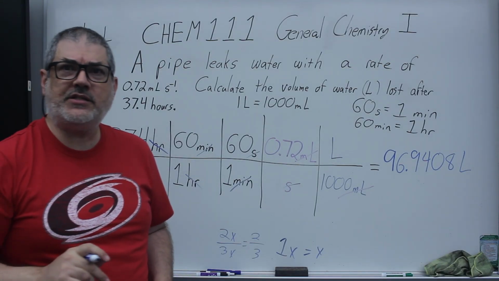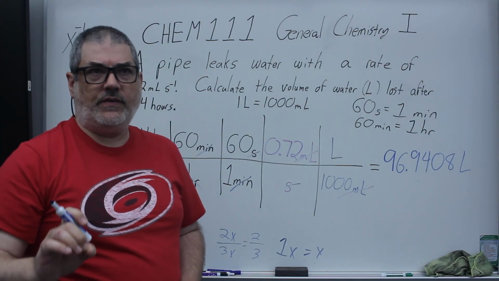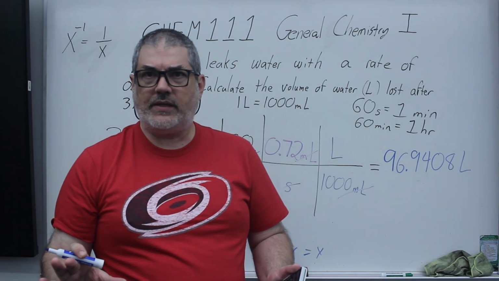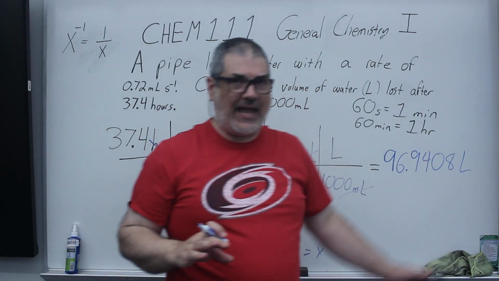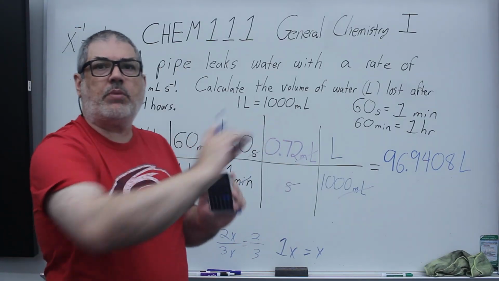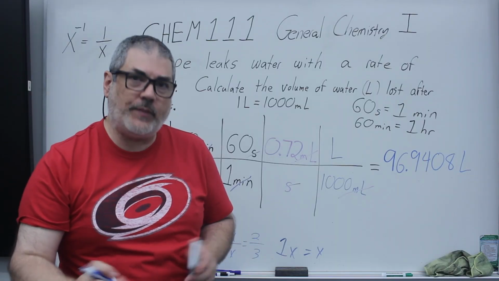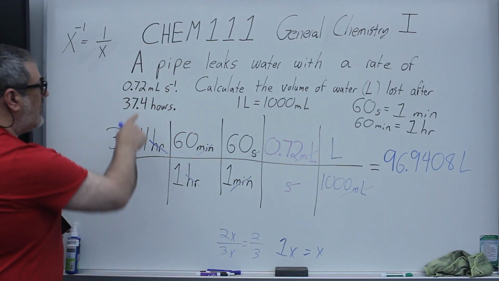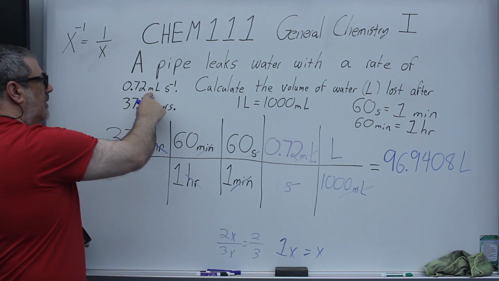However, again, this is where we're going to differ from your math class. In calculations that deal with physical units, we don't get an infinite amount of accuracy. In other words, we don't get an infinite number of places in our calculator. We do physical measurements. So for example, someone measured the rate of the pipe leaking in milliliters per second.